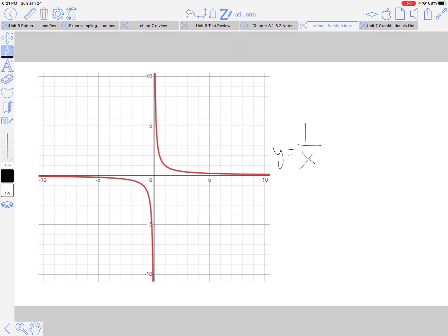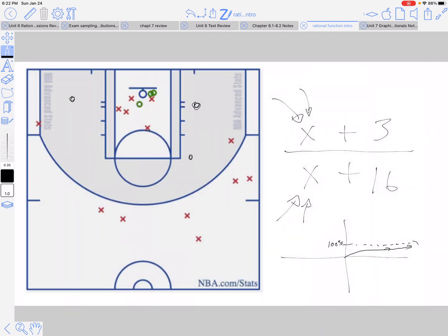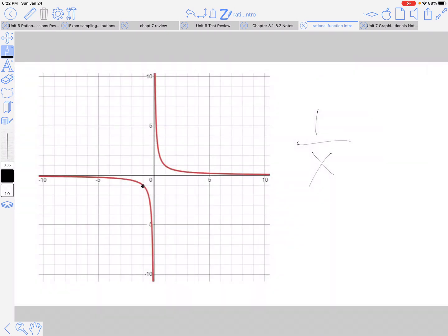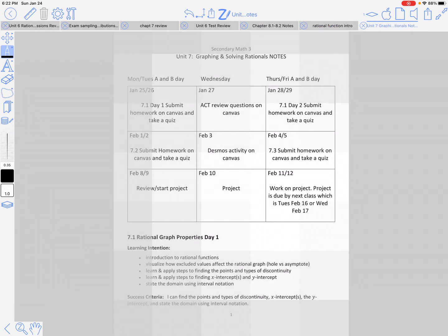Because if I plug in a negative number, 1 divided by negative 1, I get negative 1, right? If I plug that in, the answer was negative 1. So just think about that, but the point is, with fractions, the graph is going to tell a story, and that's our job, to figure out what story this graph is going to tell.